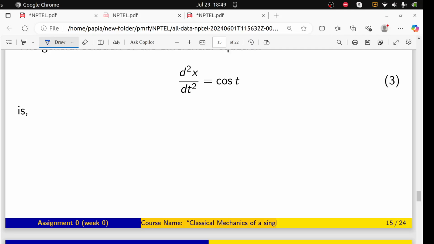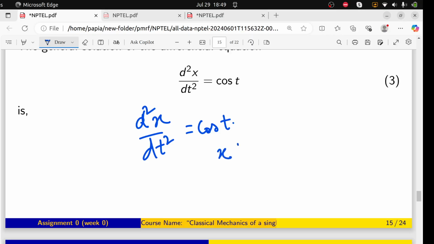So what will be the solution for that? How do we calculate these things? I just want to write here whatever is given: d2x/dt2 equals cos t. Solution means I just want to know the value of x(t).